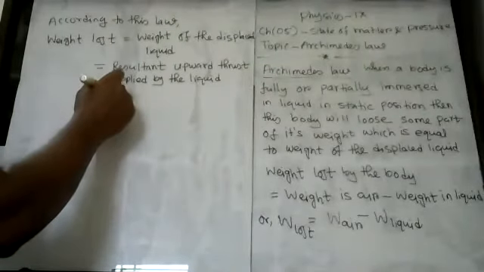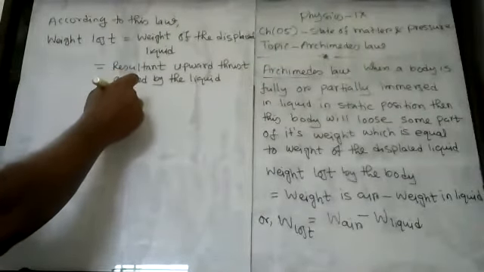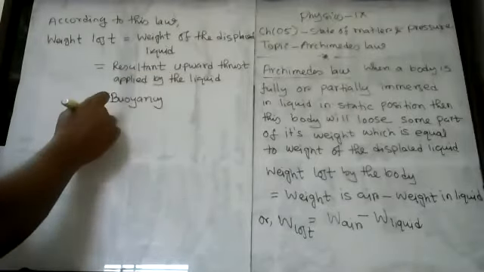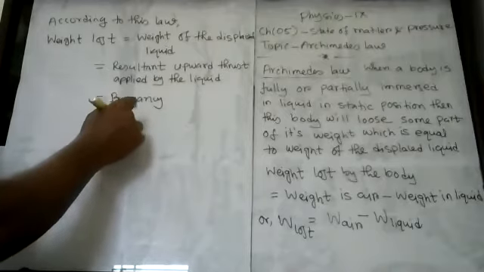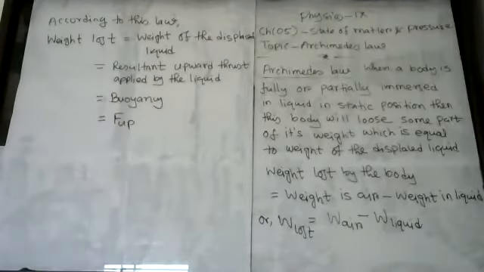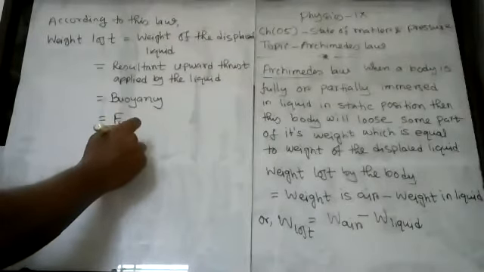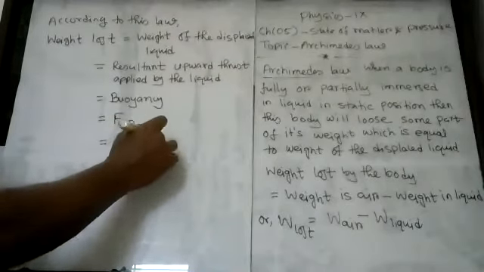So the force applied by the liquid is known as buoyancy. That is nothing but upward thrust. And you know that this upward thrust will be equal to V rho g.